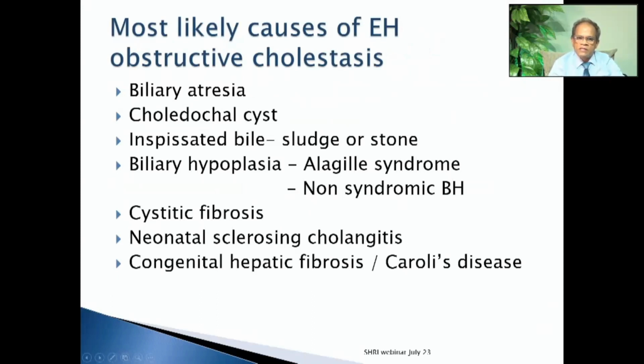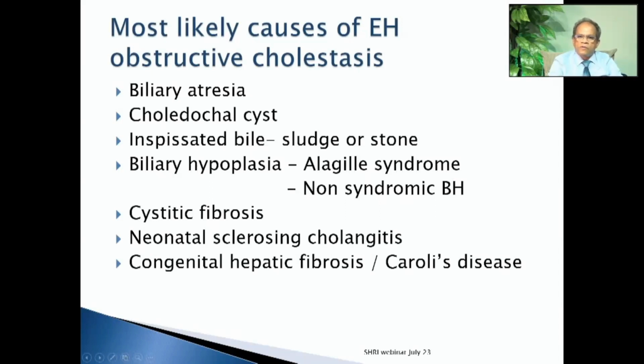That can be Alagille syndrome or a non-syndromic biliary hyperplasia. Then you have cystic fibrosis causing cholestasis. Then you have neonatal sclerosing cholangitis and hepatic fibrosis or Caroli's disease. Okay, and that of course is merging with choledochal cyst.